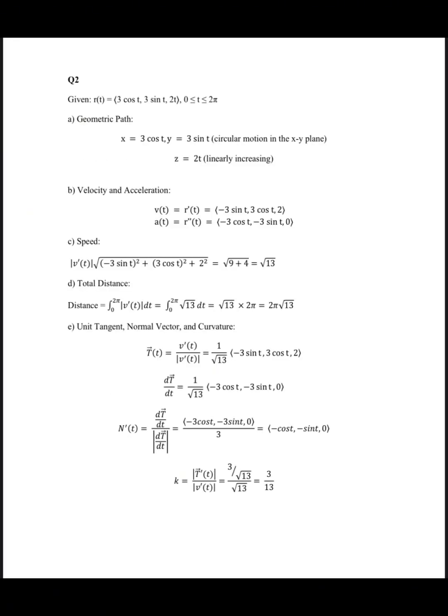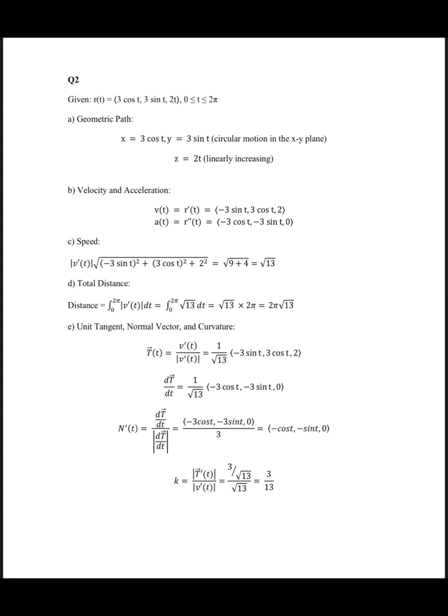Okay, so for question number 2 of this assignment, given r(t) equal to the vector 3 cos t, 3 sin t, and 2t, with the range t larger than or equal to 0 and t smaller than or equal to 2 pi.